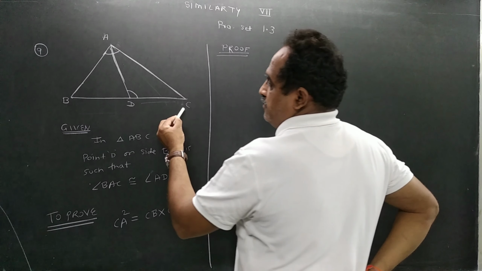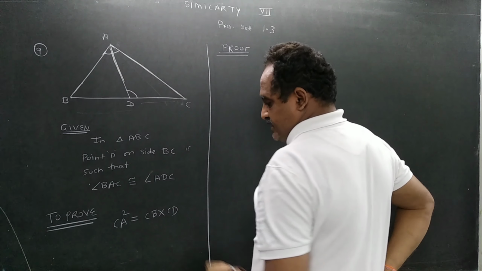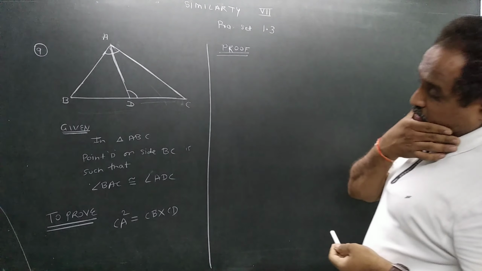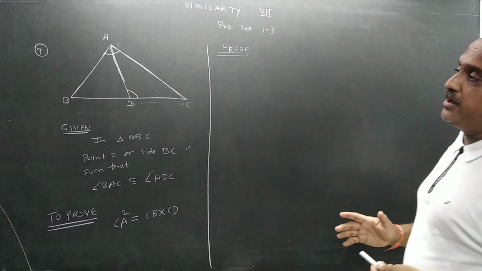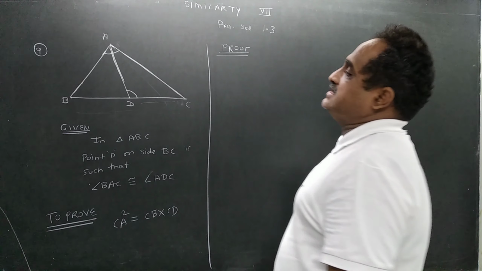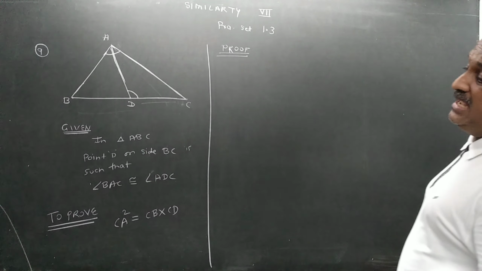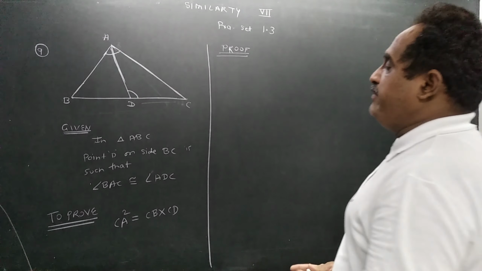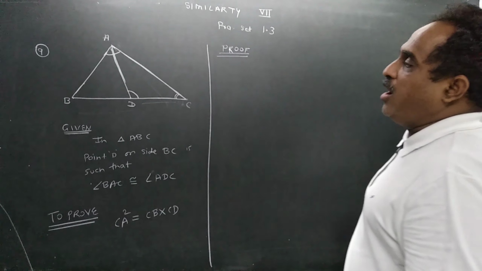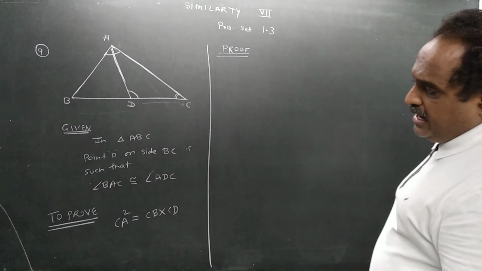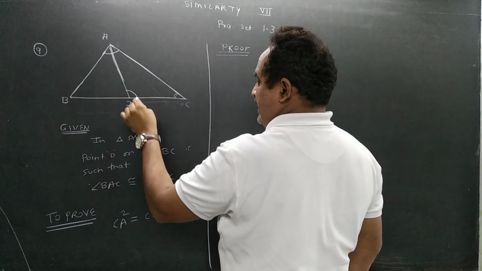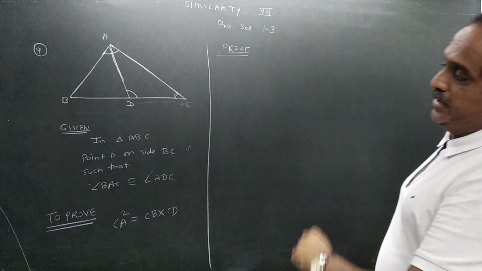CB is a part of triangle ABC and CD is a part of this ADC. So ठीक है, no doubt about it, means you are going to consider triangle ADC और ये बड़ा triangle ABC. बट इसमें हमें देखना है कि क्या है, ADC और ABC में एक तो दिख रहा है कि ये जो एंगल C is a common angle and they have given that angle BAC or ADC are congruent.